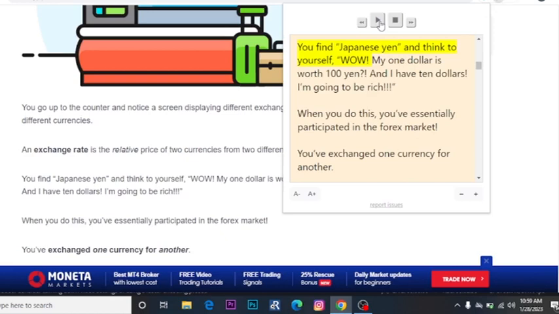So if I have $2 and I want to convert them into Canadian dollars, I will have to get 2 times 1.02, which is what I will be holding in Canadian dollars. It is approximately 2.04 Canadian dollars. That's the amount I will have in Canadian dollars. So that's the exchange rate.